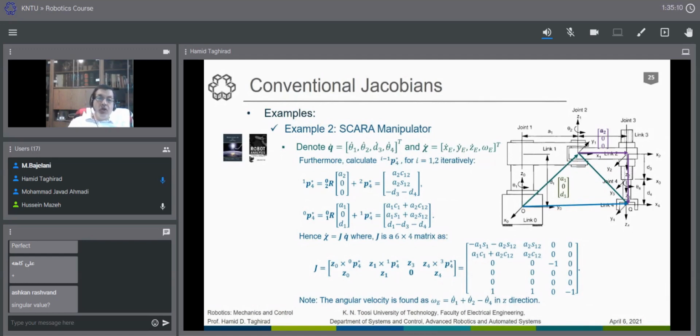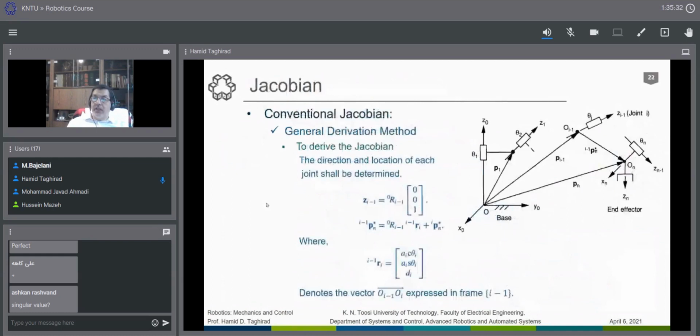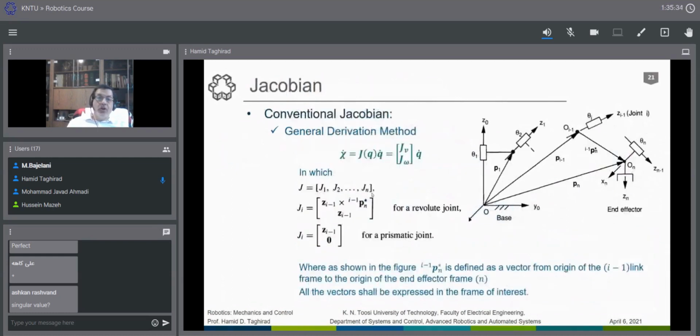The number of joints and actuators in serial manipulators is usually the same. We have a joint, and we actuate it. If we have more joints than we require, let's say 7 joints for a 6 degree of freedom manipulator, we call it a redundant manipulator.